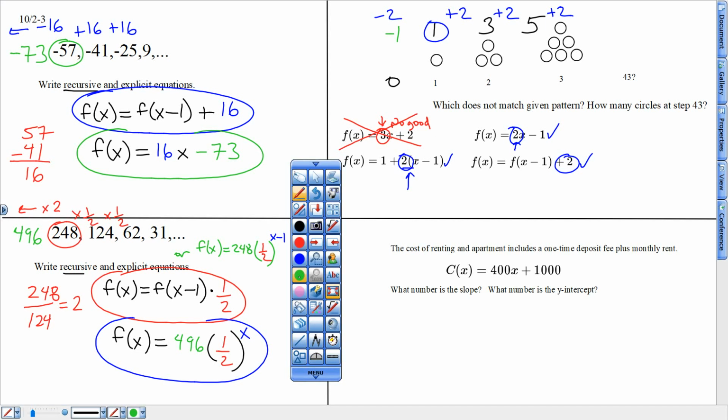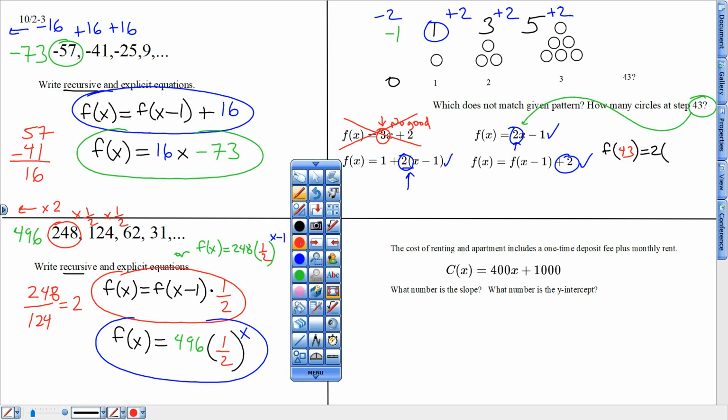If I want to know how many in 43, I'm going to take 43 and probably plug it in this guy right here. That would be my suggestion. Or I could have plugged it in here. Don't really want to use recursive form though. I'm going to plug it in to that first one if I could delete some of these arrows. So here I go. To use that equation, I go F, and I put 43 right there to show the number I'm plugging in for X. I got 2 inside that parenthesis.